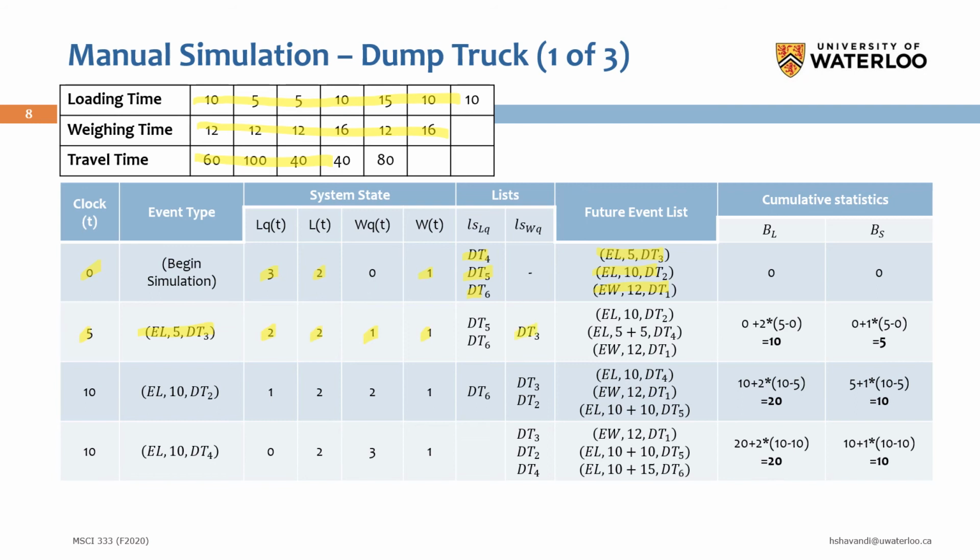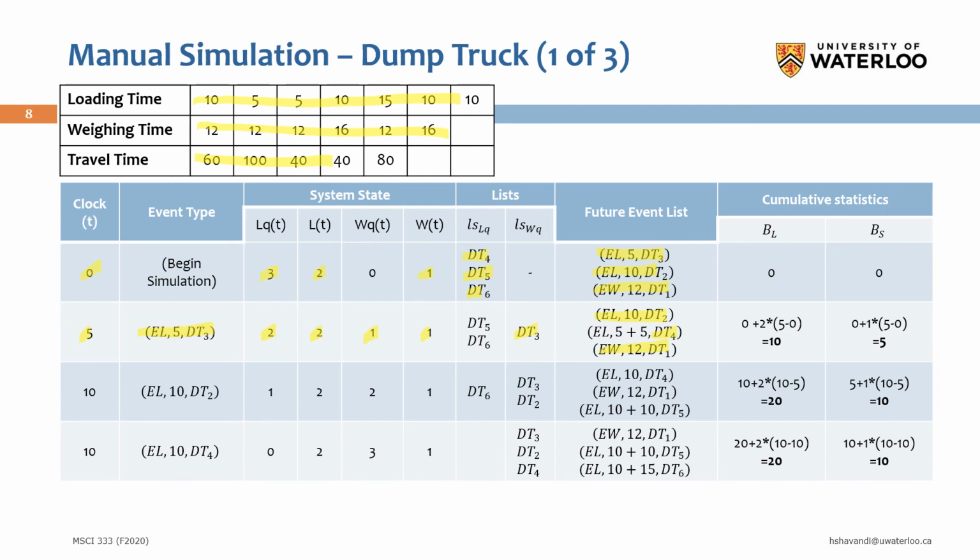Okay, so again here we have the end of loading at time 10 for dump truck 2, and here we have end of loading at time 10 for dump truck 4, and end of weighing for dump truck 1 will be at time 12. Okay, so here we are at time 5.